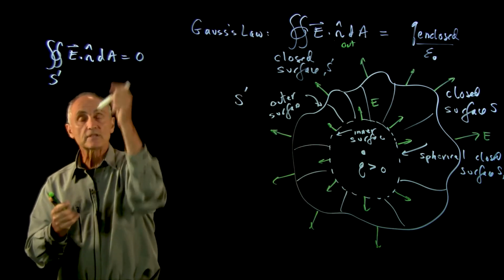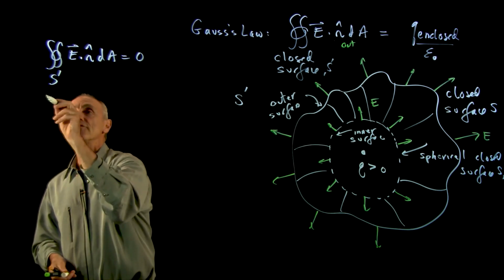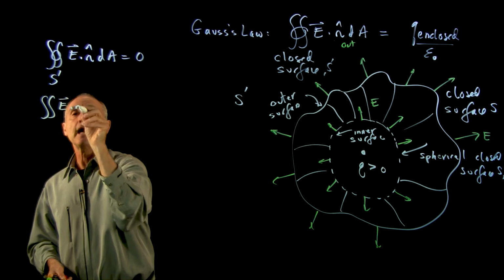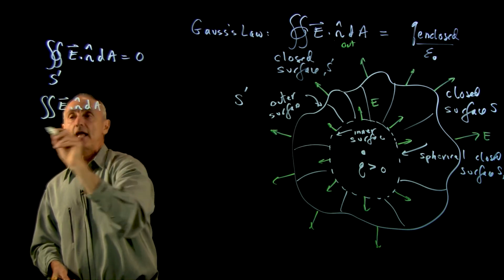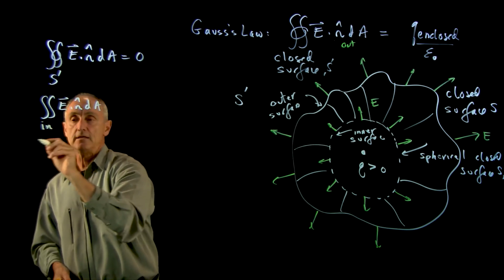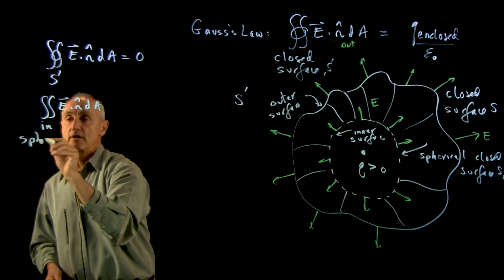So we can restate this statement as the flux E dot n hat dA in, where the in is the spherical surface.